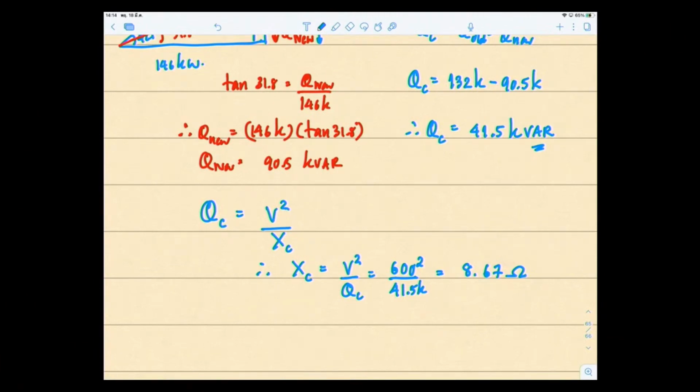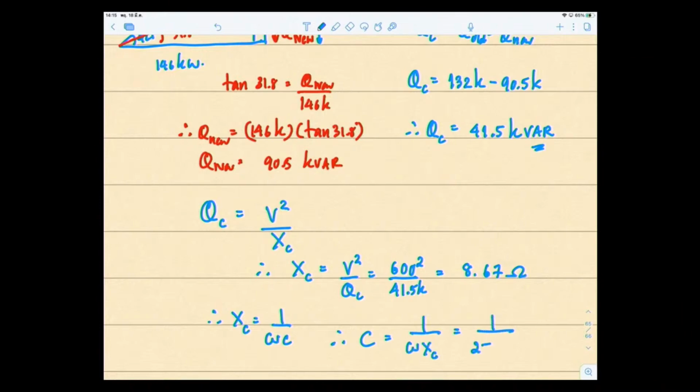You want to find a value for the capacitor, and of course you have to remember XC is equal to 1 over omega C. So your C is equal to 1 over omega XC.